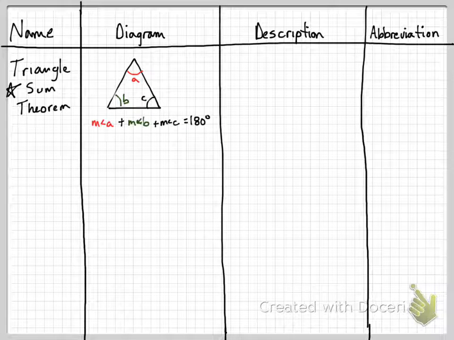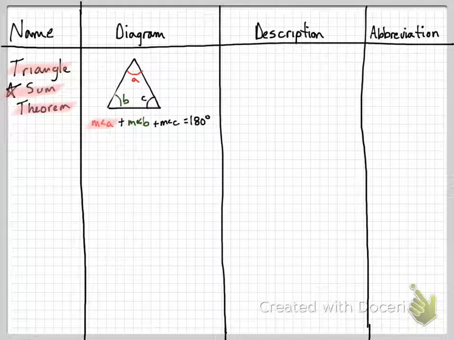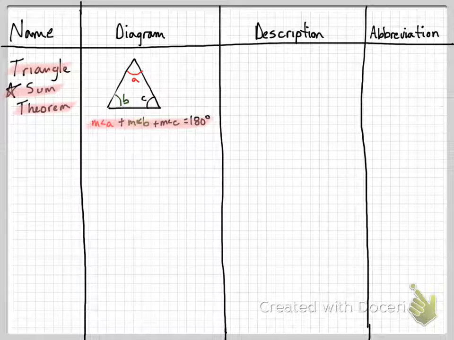Okay, we've got a relationship where these all add up to 180. What color do we use for that? Pink. So I'll go ahead and highlight that real quick in pink. All right, our description right here says, let's see, what does it say?